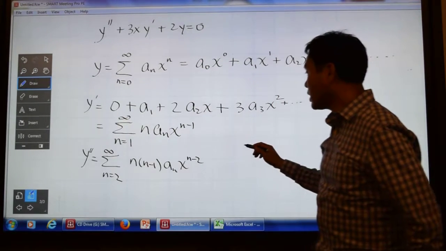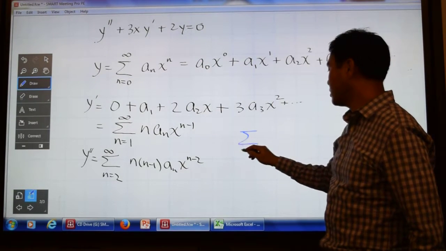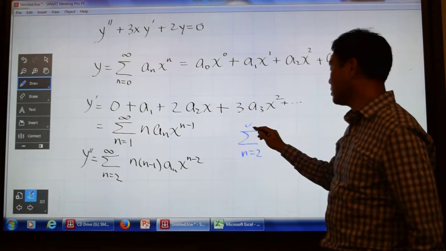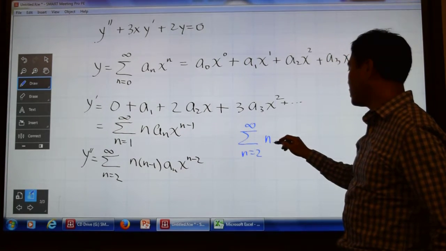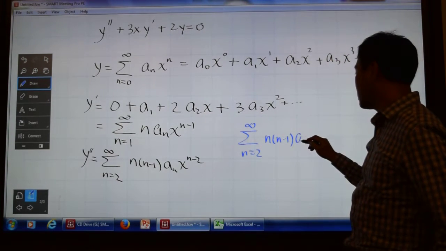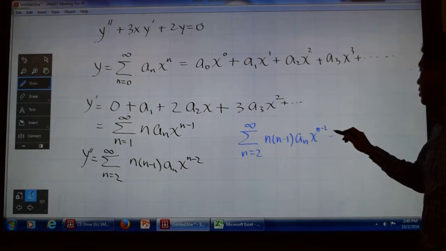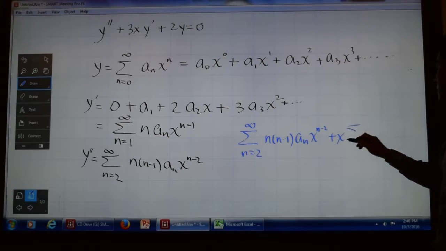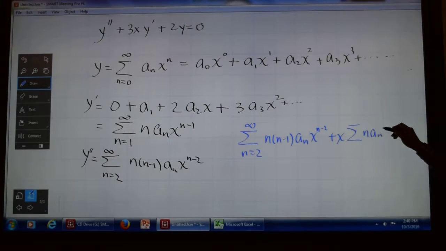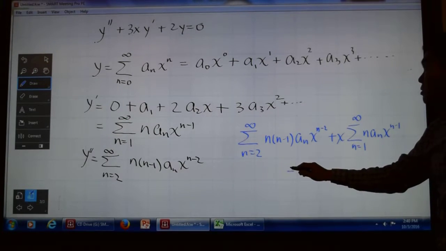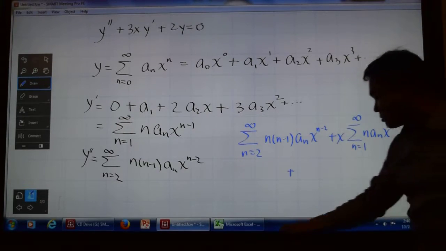So y double prime is sigma n equals 2 to infinity, n times n minus 1, an x to the n minus 2, plus x times sigma n times an x to the n minus 1, and then plus, actually there's 3x, I forgot to put the 3.